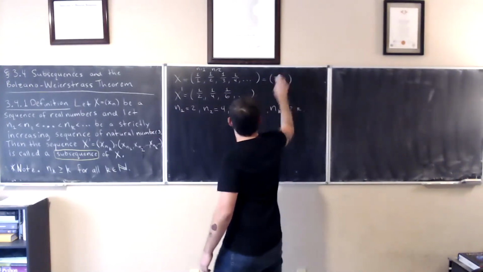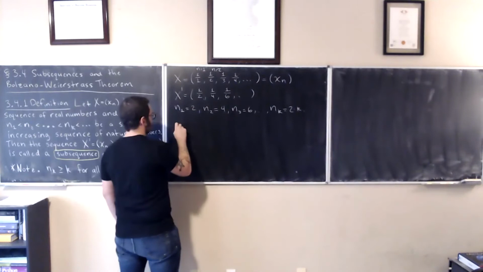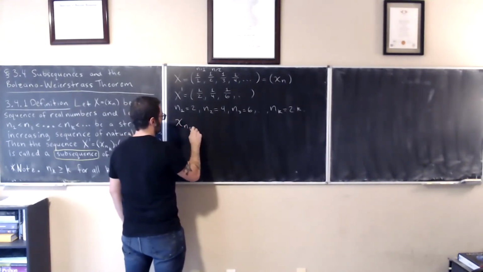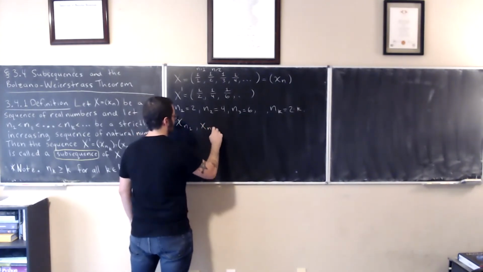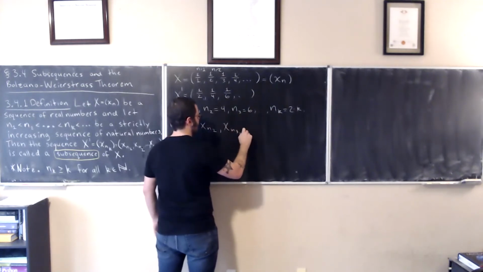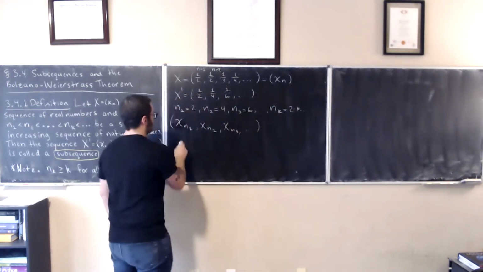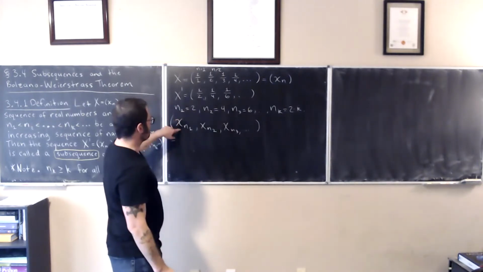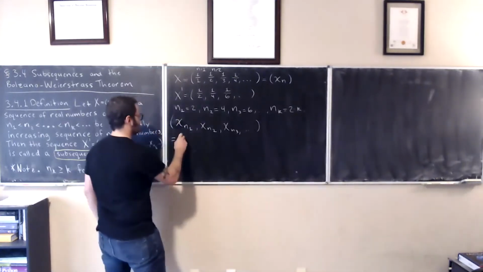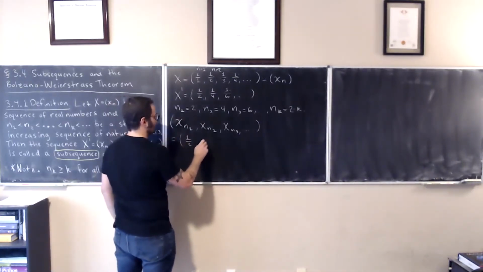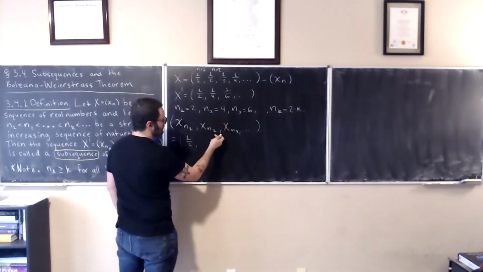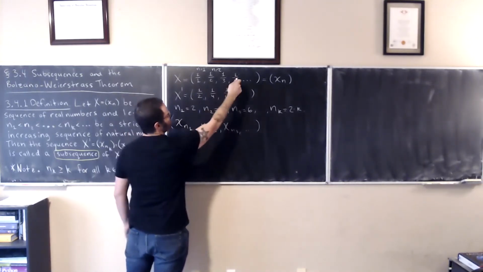And if this is our sequence xn, then we have x sub n1, comma, x sub n2, comma, x sub n3, so forth and so on. Well, x sub n1 is x sub 2, so x sub 2 is that. x sub n2 is x sub 4, so 1/4.